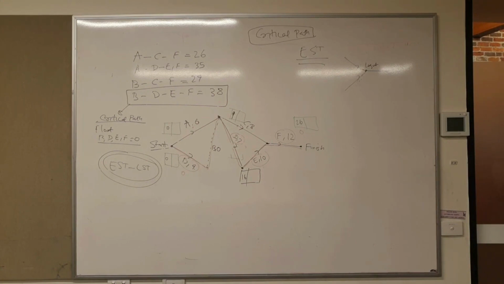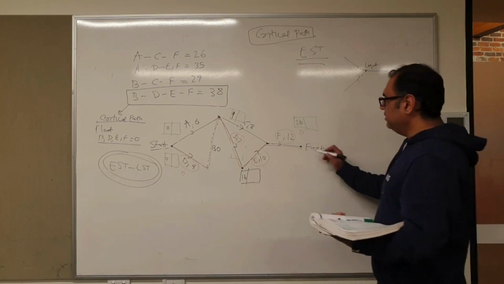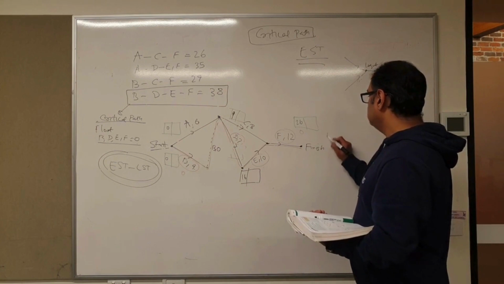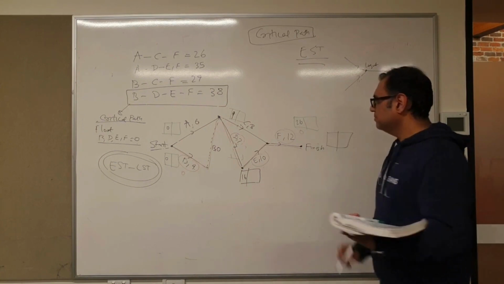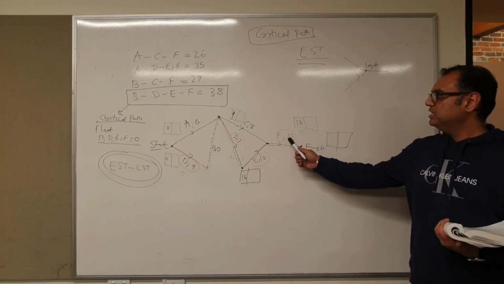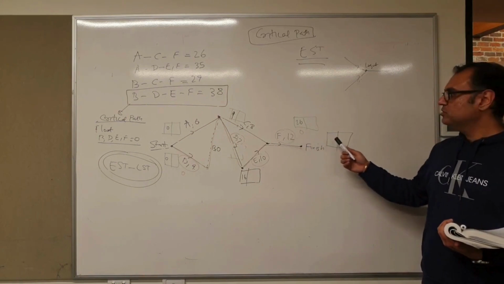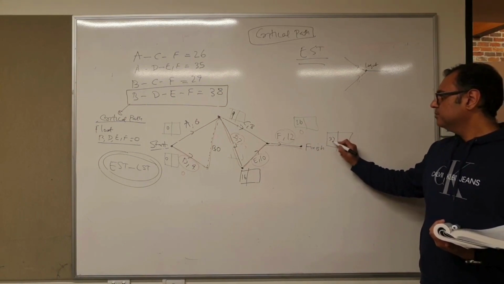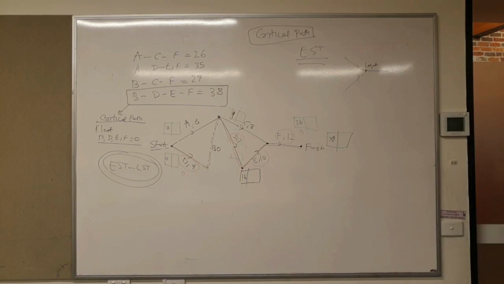Does that make sense? And what is your finish? The finish is also a box. So from 26 to 12 is how much? 38. And that's the number for finish.